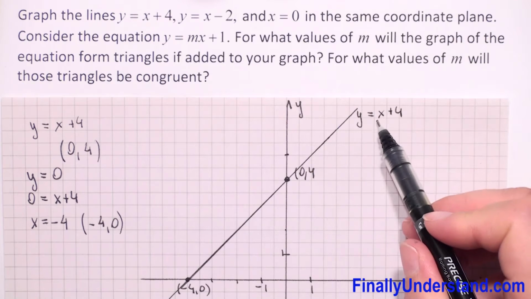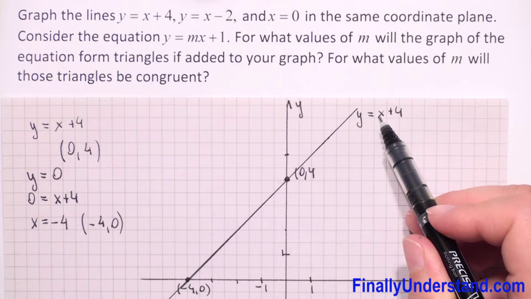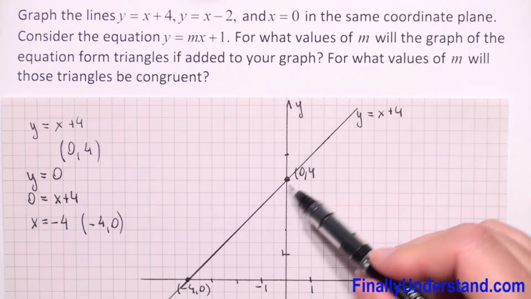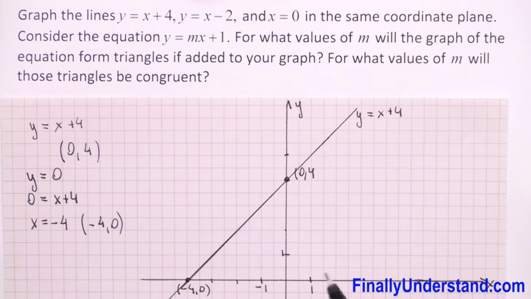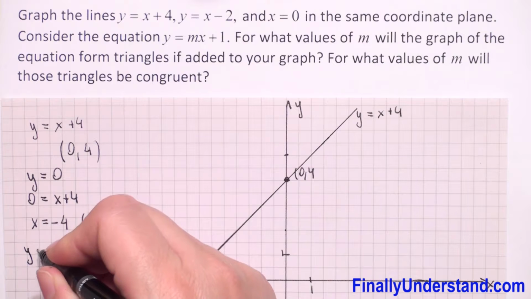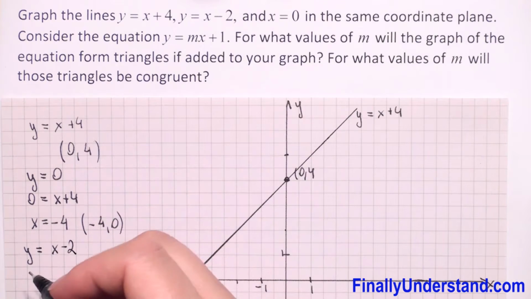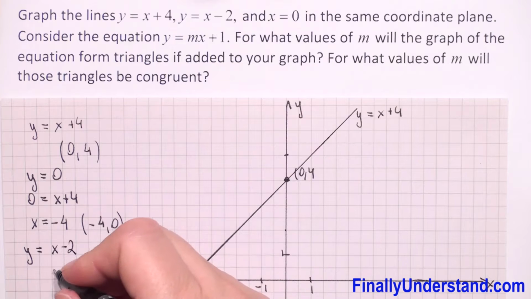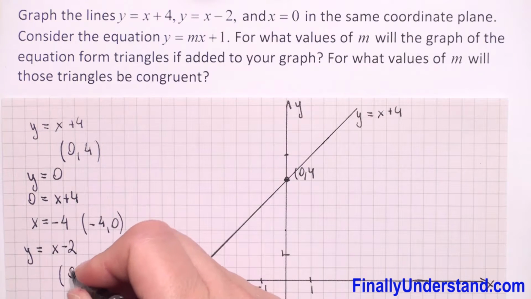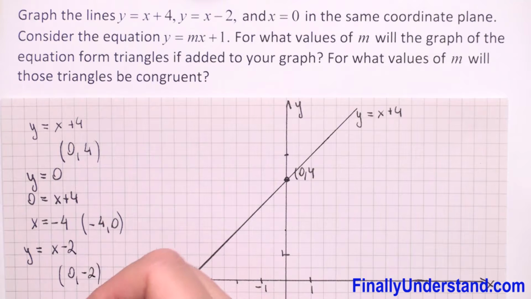From this equation we see that we have a positive coefficient before x, so our line must go up. So everything is okay. Next we have the line y equals x minus 2. Let me copy this. So the y intercept will be (0, negative 2).